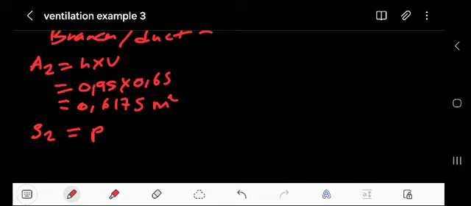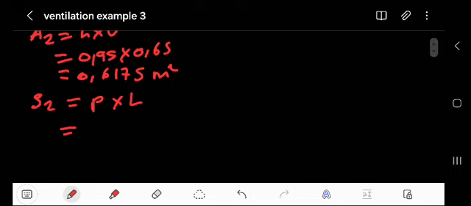It is perimeter multiplied by the length. You know the perimeter of the rectangle is 2 times (height plus width), multiplied by this length.